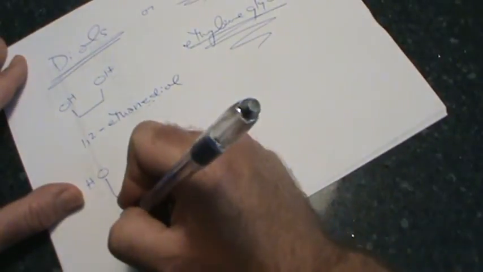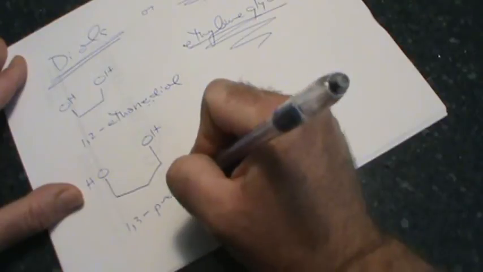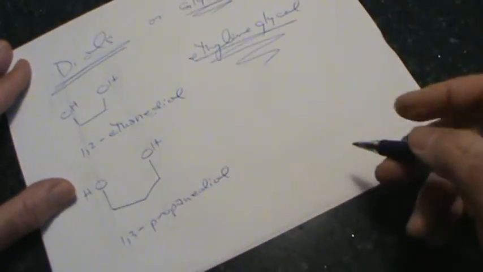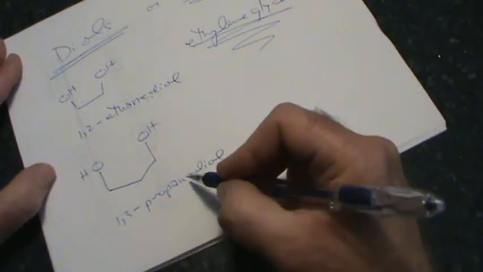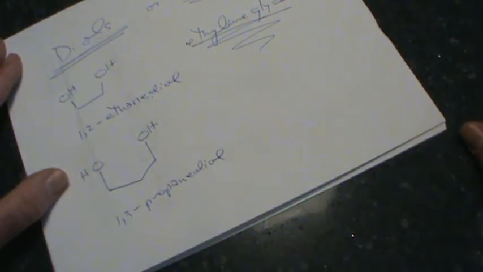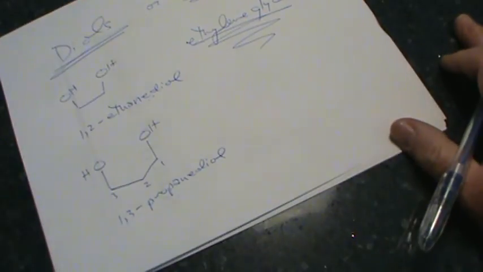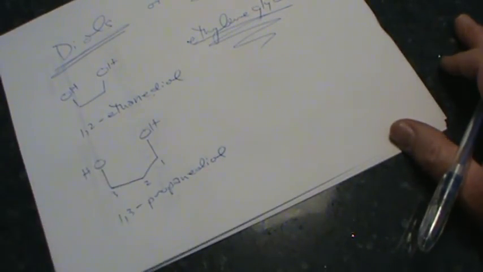We would name this 1,3 propane diol. Again, it's kind of tricky because when you have diols, you leave the E in there and you just call it propane diol. 1,3 because 1, 2, 3, the 2 alcohols in this particular case are located at carbons 1 and 3.